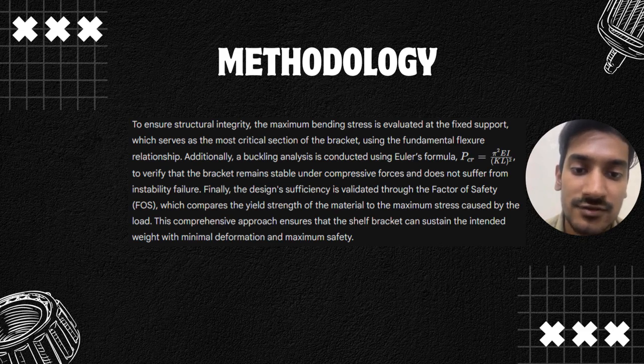Finally, the design sufficiency is validated through the factor of safety (FOS), which compares the yield strength of the material to the maximum stress caused by the load. This comprehensive approach ensures that the shelf bracket can sustain the intended weight with minimal deformation and maximum safety.